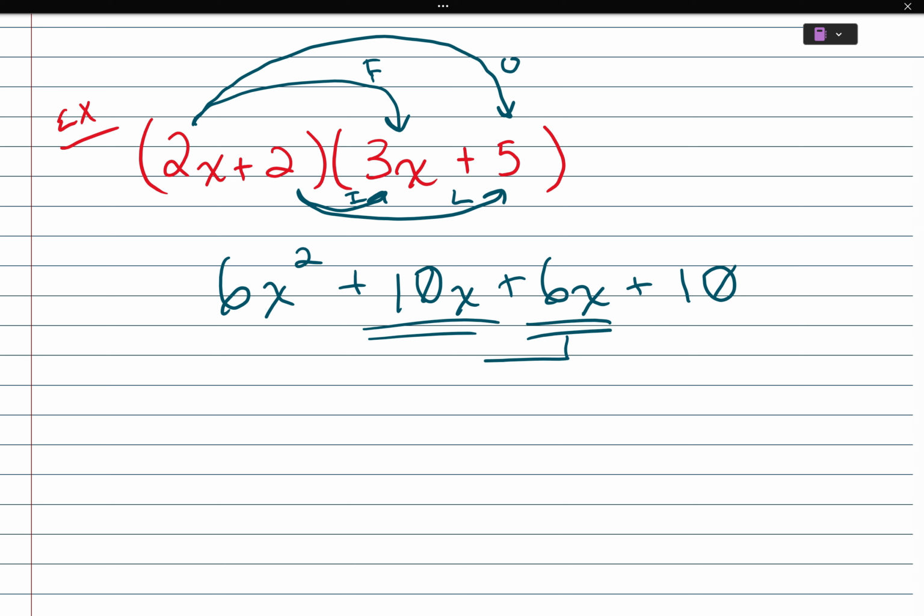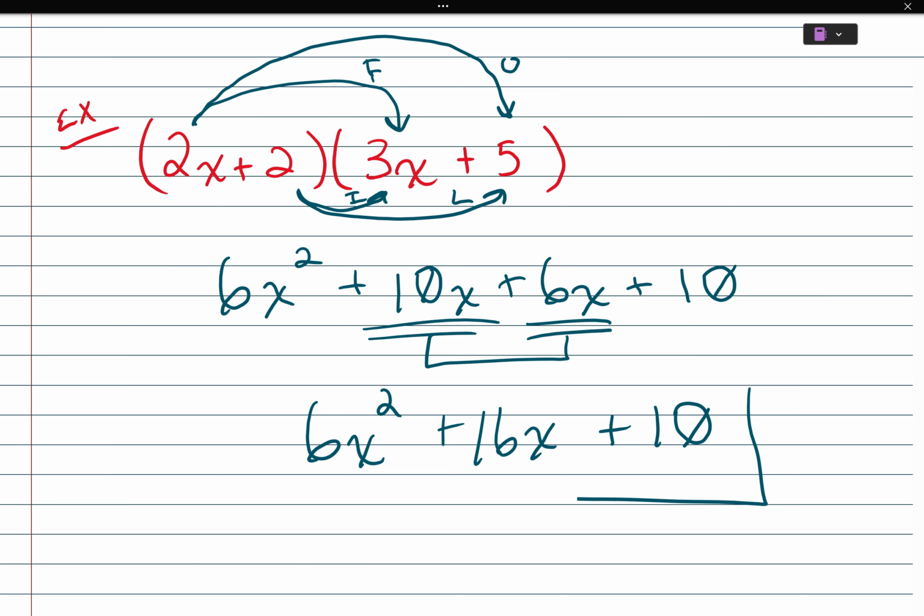The two like terms are right here sitting next to each other. So we have 6x squared, bring down the positive 10, and I combine positive 10x and positive 6x to make positive 16x. So this is the product of 2x plus 2 times 3x plus 5.